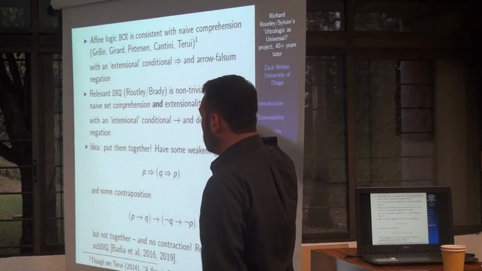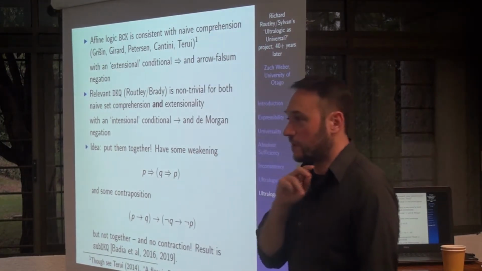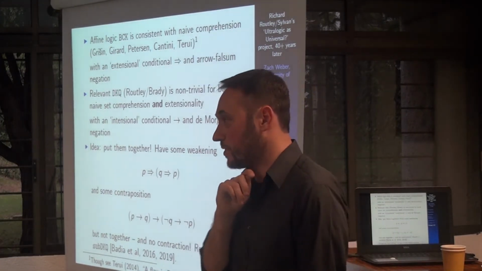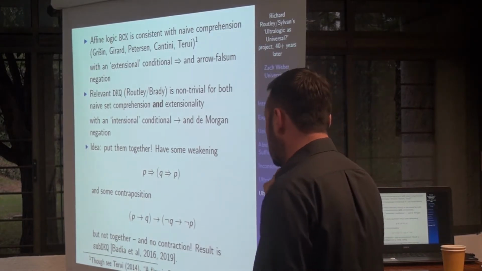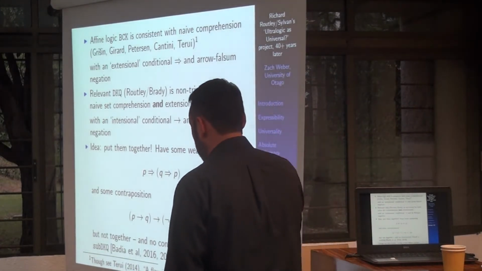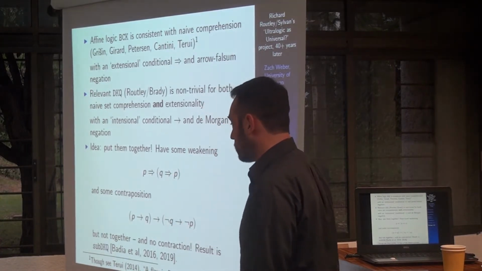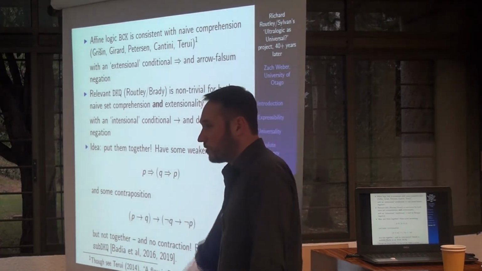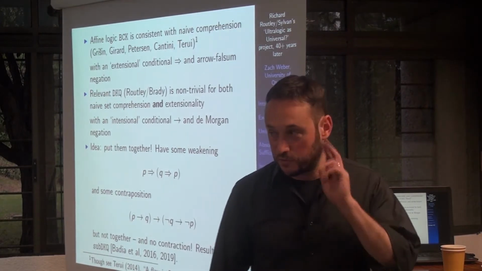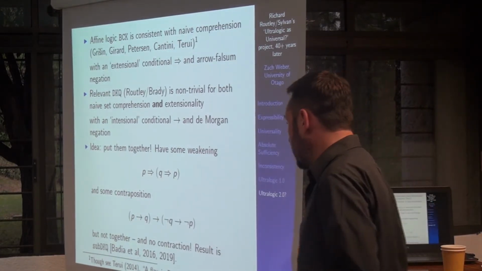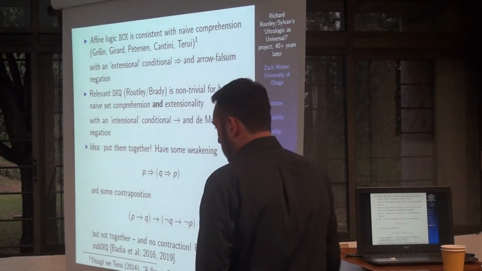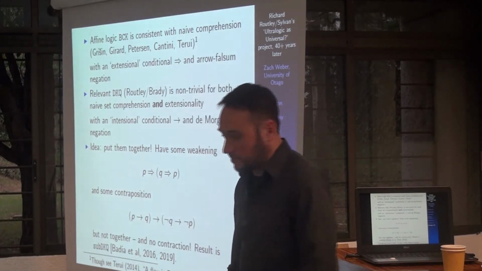And both of them have been shown to be compatible with naive comprehension, although not shown to be compatible with naive comprehension together, so that's something. But perhaps we could have them together. So the BCK sort of arrow will weaken, and that can be useful for weakening contexts. And we have this super strong arrow which contraposes when contraposition is called for. And that gives us a logic that I've been calling sub-DKQ. That's just a thought.